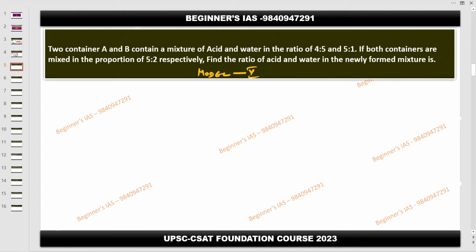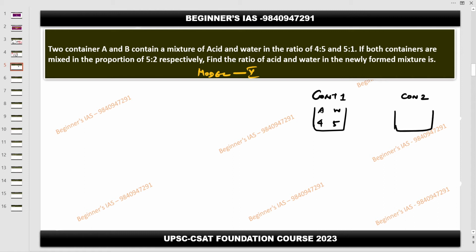You can take some minutes. I will explain the question first. So this is container 1, this is container 2. In container 1 we have acid and water in the ratio 4:5.